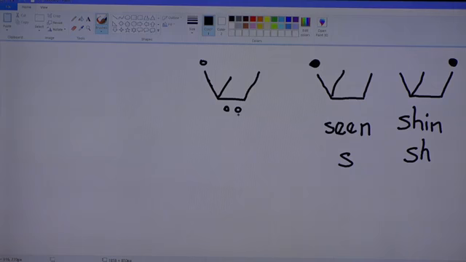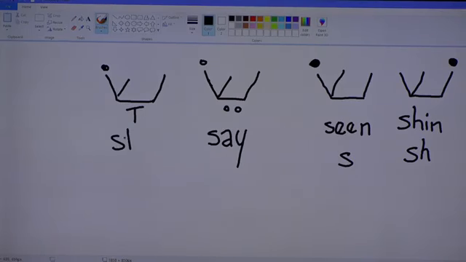Or you could make a sa or a sa. Either one. Okay?